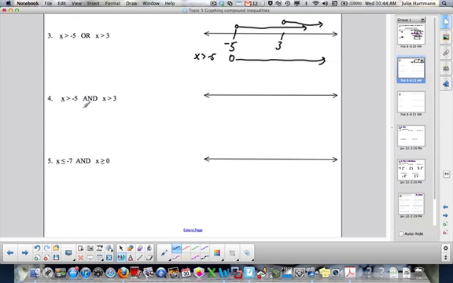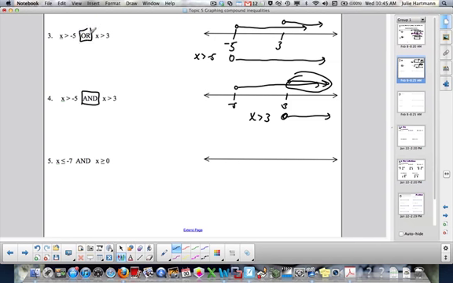Now, same one in number 4, but now it says and, so if I'm going greater than negative 5 and greater than 3, where is it shaded for both? Yeah, just up here. So my solution here is, that's not filled in, just greater than 3. Okay, so hopefully you see the difference. When it's or, we include everything that we've shaded, where it's and, we just include what is shaded for both.